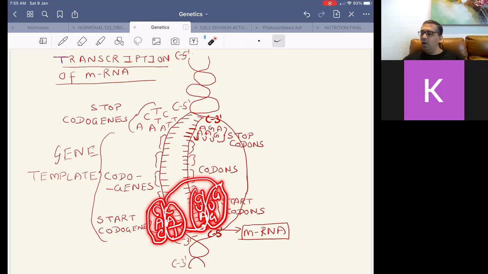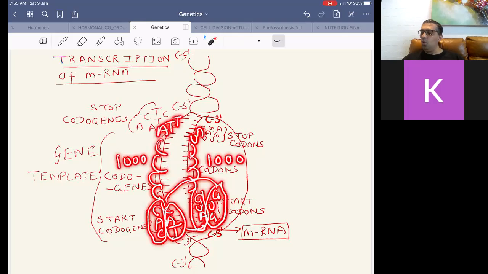Then we have codogene, codon, codogene, codon. Approximately 1,000 codogenes will code for 1,000 codons, and then you will get the sequence ATT, which codes for UAA, the stop codon. So that is a stop codogene.